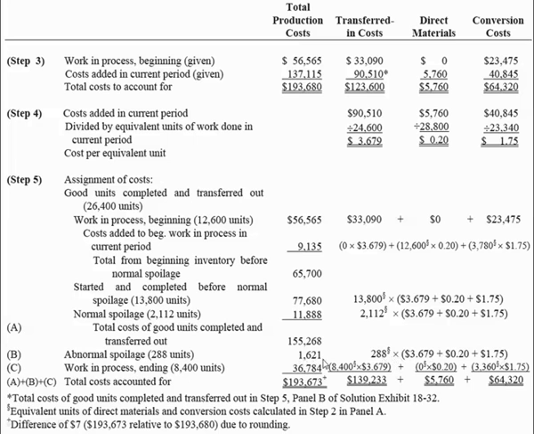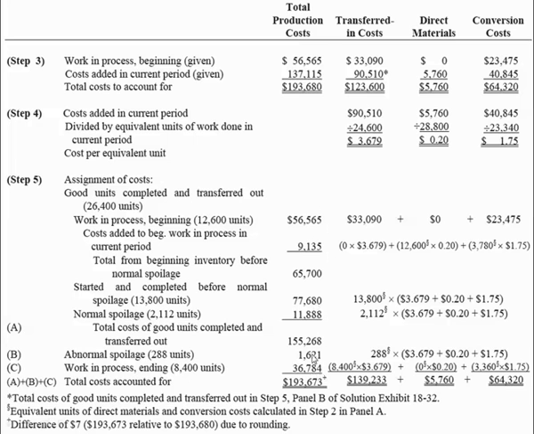1,621. Work in process ending 8,400 units multiply 3.679 for transfer in cost and 0 units as direct materials are added at the end of the process, and only 3,360 multiply 1.75 for conversion costs, with total amount 36,784.